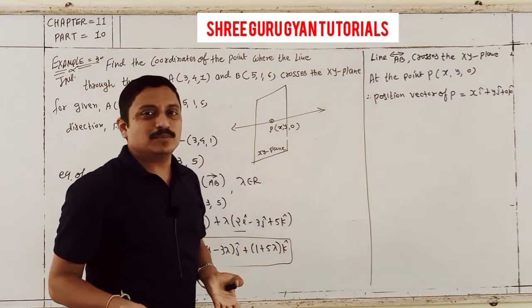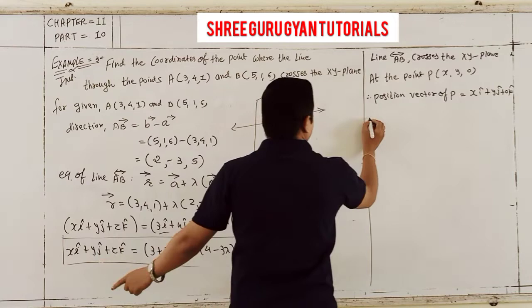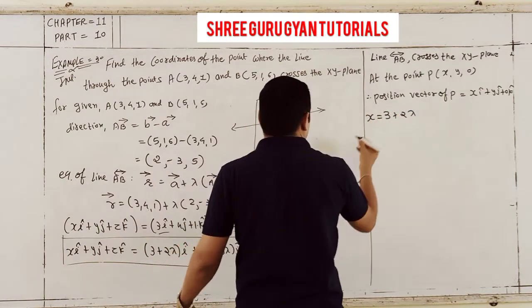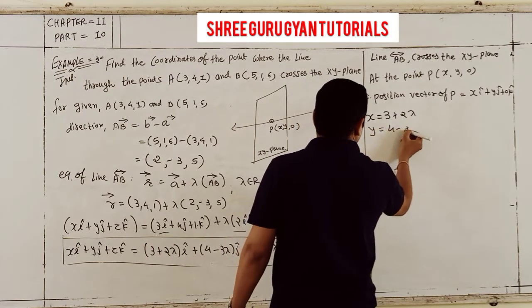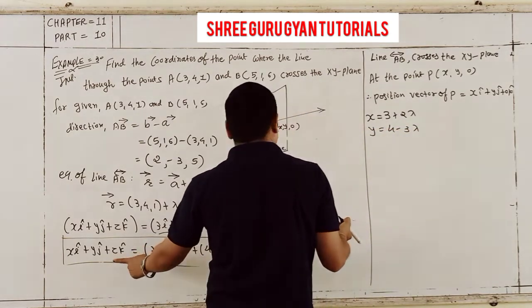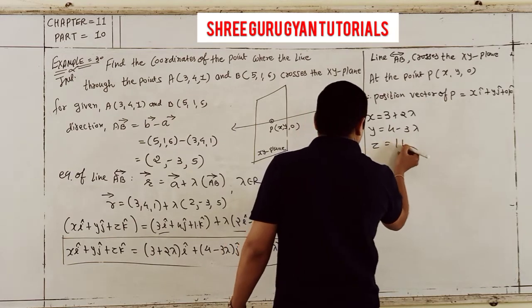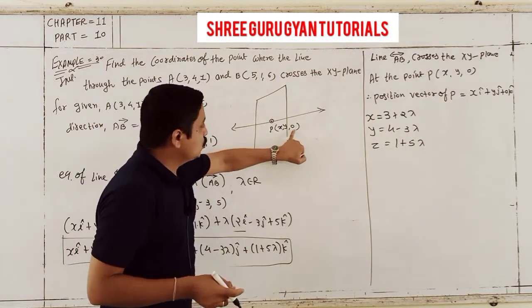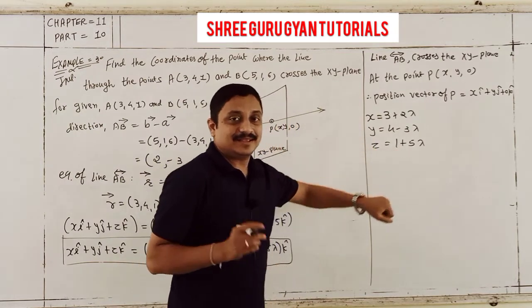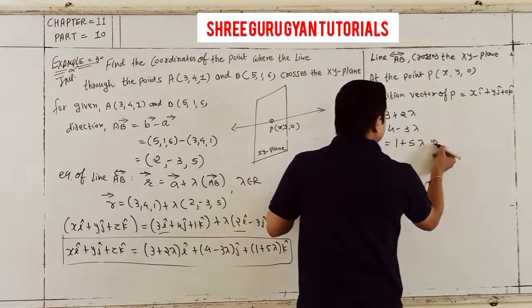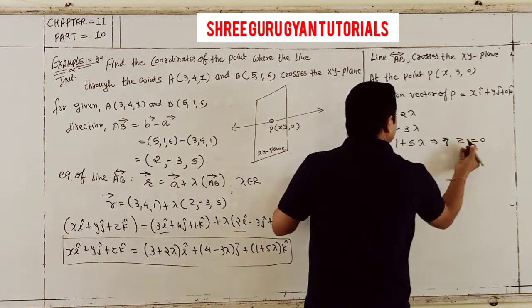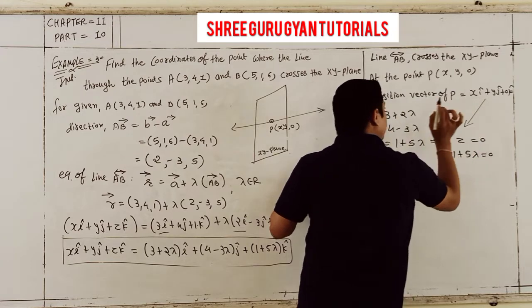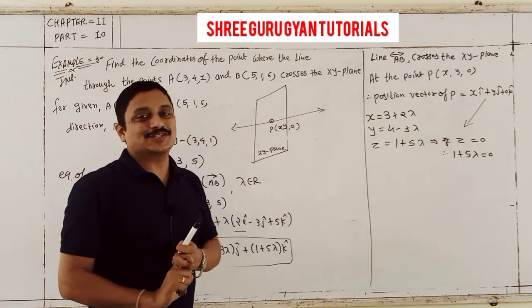Comparing here, x is equal to 3 plus 2 lambda, y is equal to 4 minus 3 lambda, and last z is equal to 1 plus 5 lambda. But here the z coefficient is taken as 0. Therefore, if z is equal to 0, then 1 plus 5 lambda is equal to 0. Why take 0? Because it crosses the xy plane.